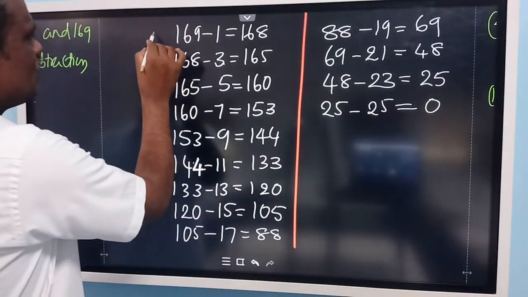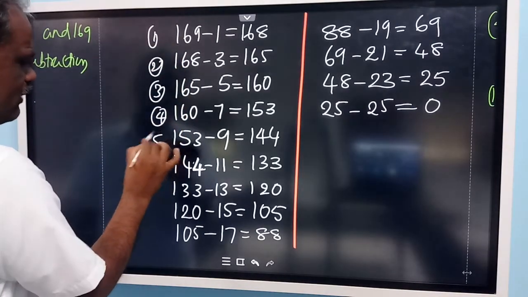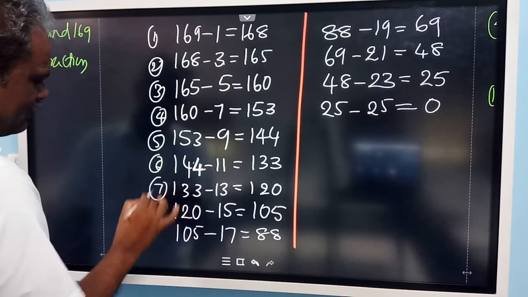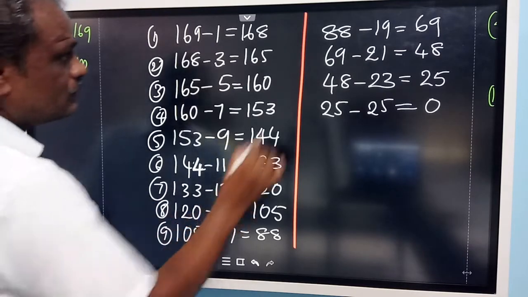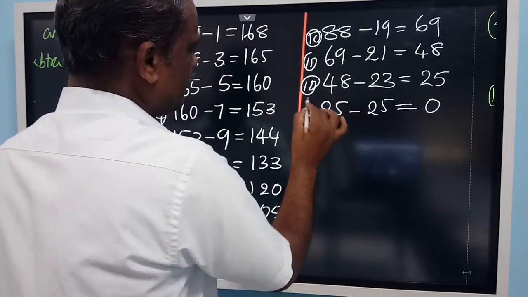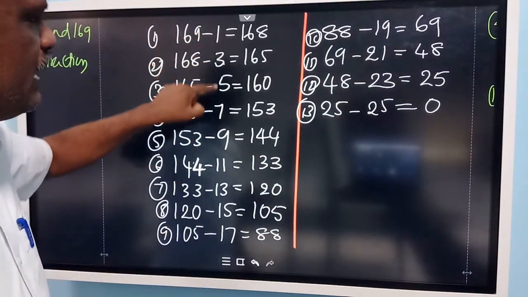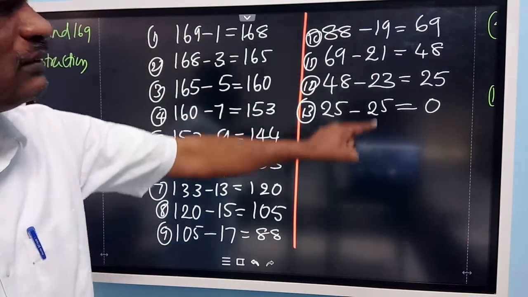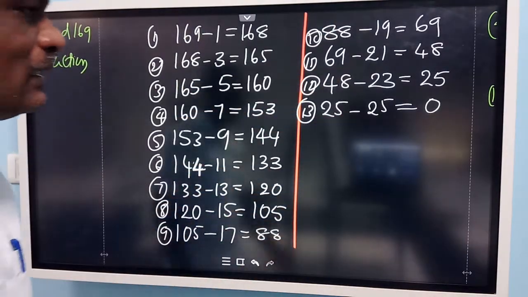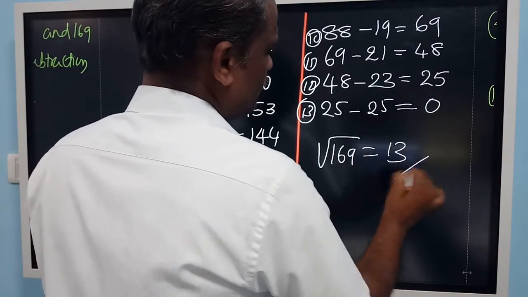In how many steps did you get it? 1, 2, 3, 4, 5, 6, 7, 8, 9, 10, 11, 12, 13. So you have subtracted 13 odd numbers here. Therefore, square root of 169 must be 13.